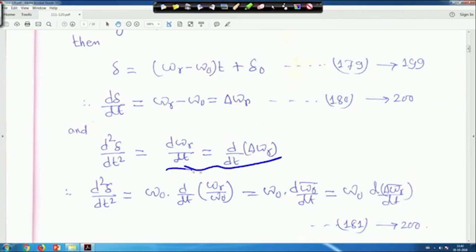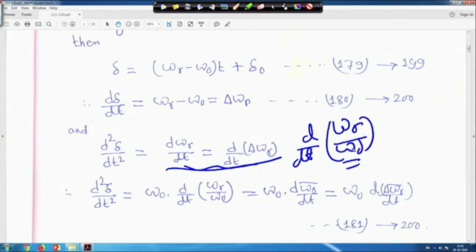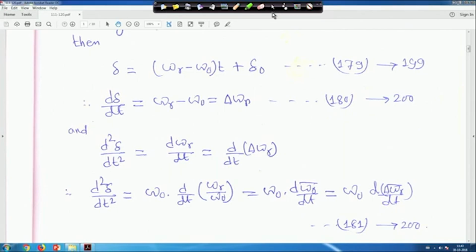Suppose you take this equation and divide both sides by omega_0. Then this will become d omega_r bar by dt, and d/dt of delta omega_r upon omega_0, with omega_0 as the base value, will be per unit values, so it is d/dt of delta omega_r bar. So, from this we are writing that omega_0 d/dt of omega_r bar is nothing but omega_0 d/dt of delta omega_r bar.